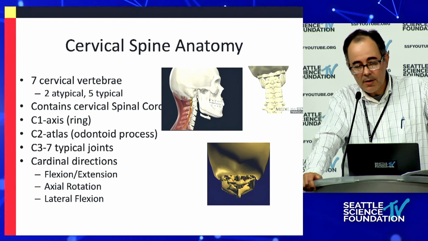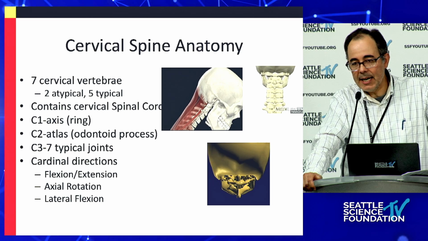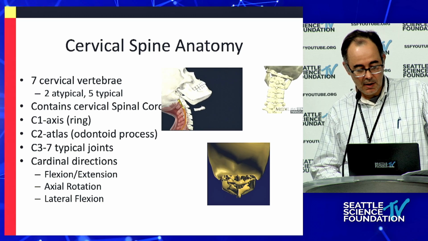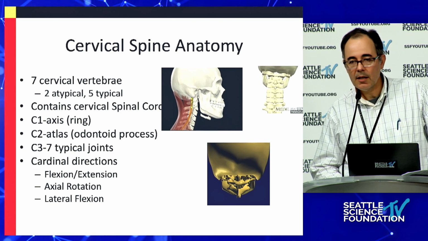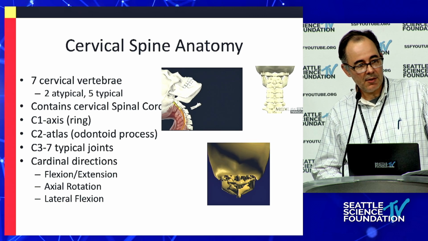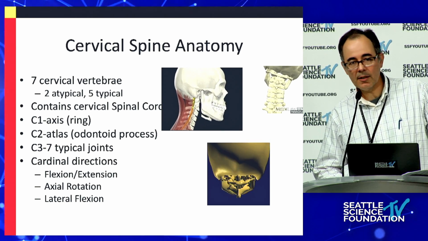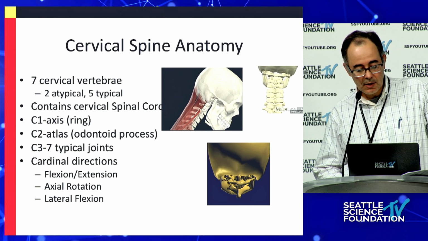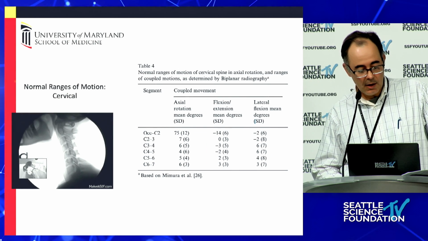So we start out with our normal anatomy of the cervical spine. It's a very dynamic part of our anatomy, very responsible for our day-to-day life and activities. And so you can see when you sacrifice some of these motion segments, it has a severe impact on the rest of our body. So you can see the extent to which we have motion.